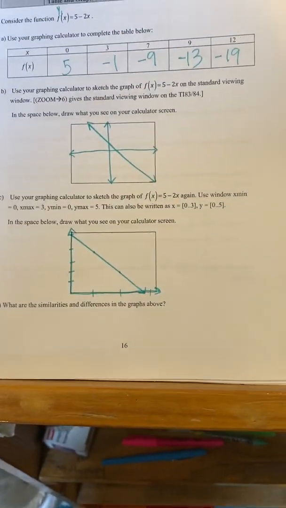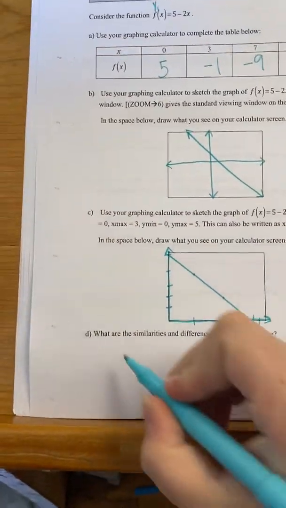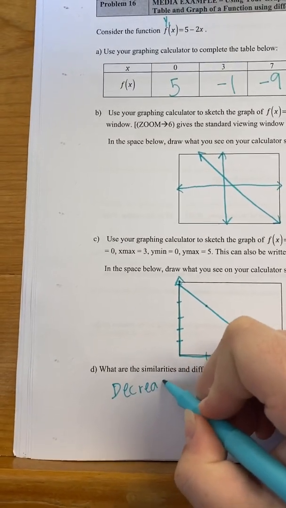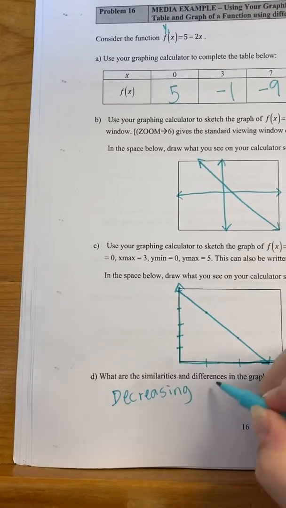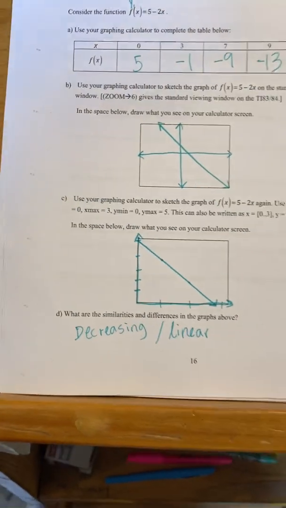So it says, what similarities and differences do you see in the graph? So similarities are, they're both decreasing. They're both linear or straight. Those are some similarities.